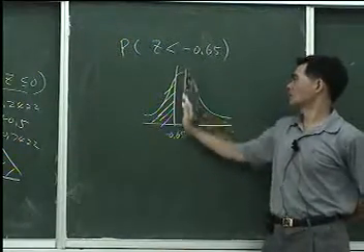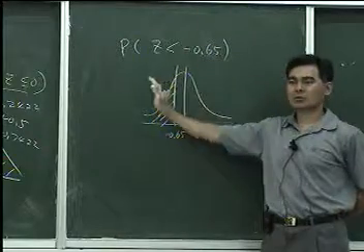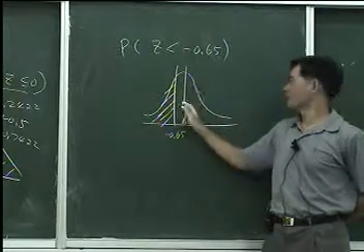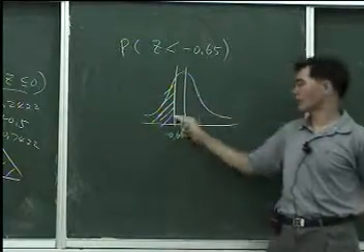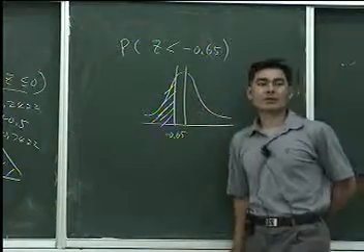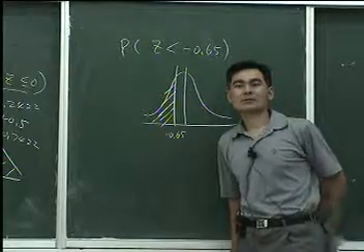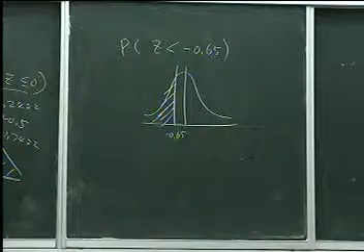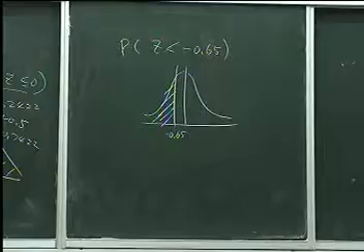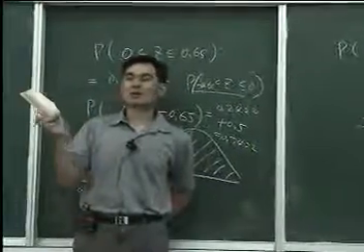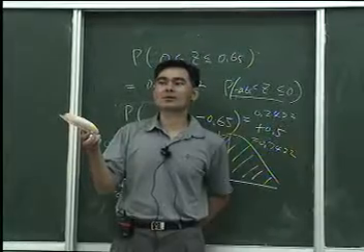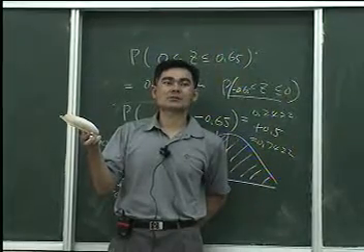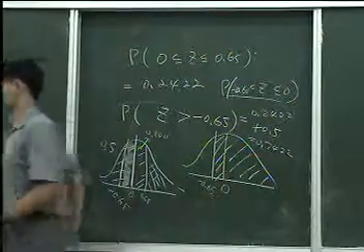How much should this area be? It should be 0.5, right? And this one we already know is 0.2422. So that will be the same thing there. Any questions? If you still have questions on checking the table of normal distribution, please raise your hand. Any questions? Okay.